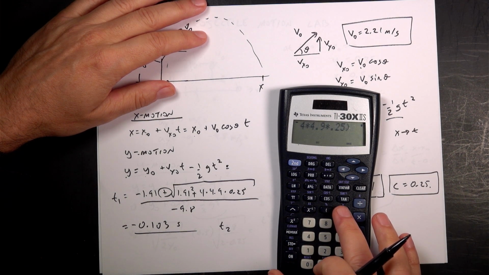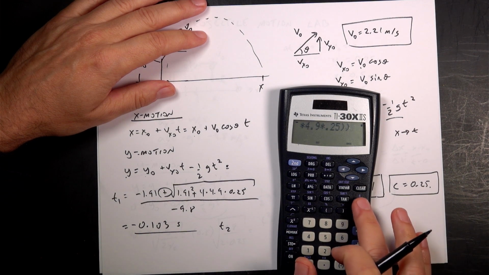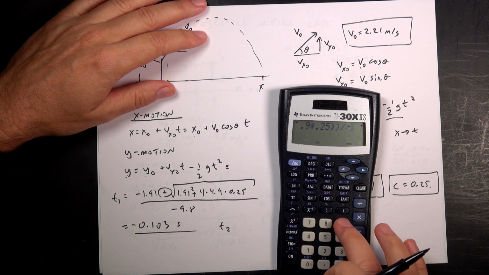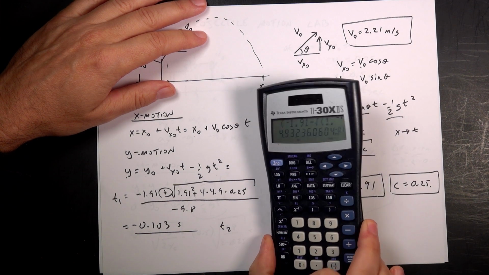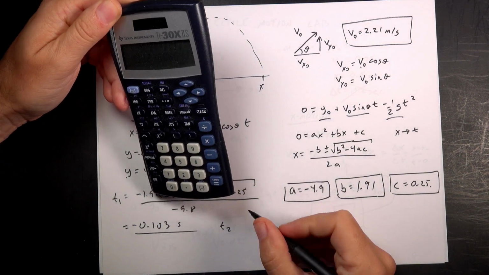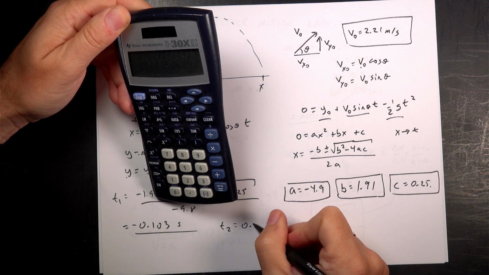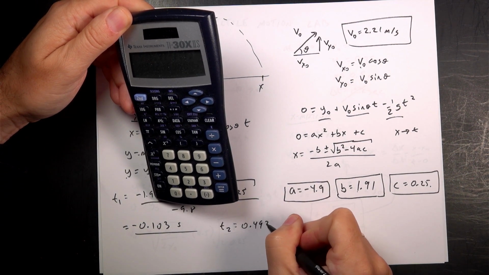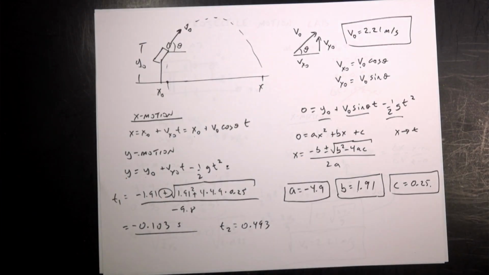Close parentheses for the square root, close parentheses for the fraction, divided by negative 9.8, equals. And I get 0.4, that seems too small, 0.493. Oh no, I guess it's okay. That's right, because I shot it at an angle.